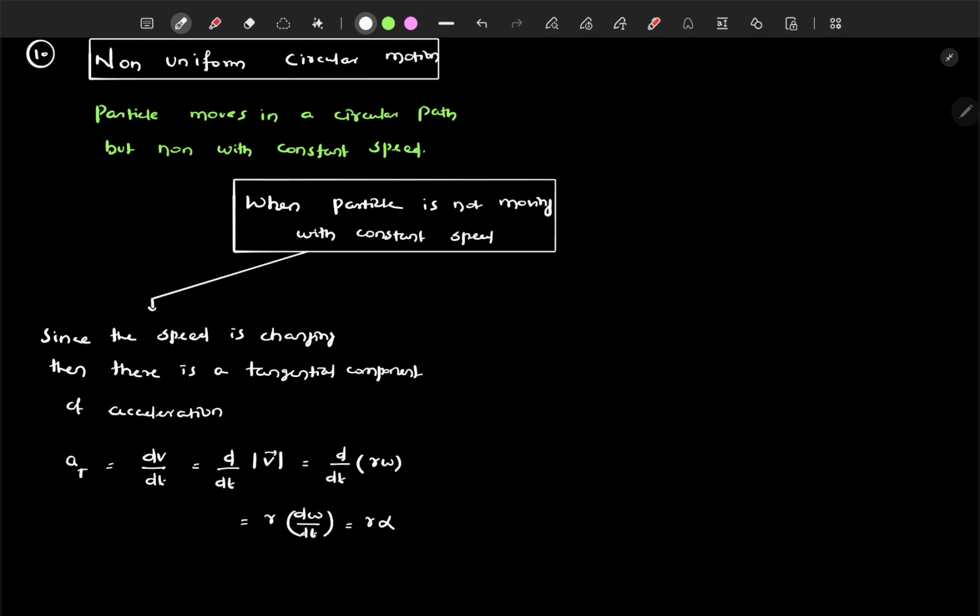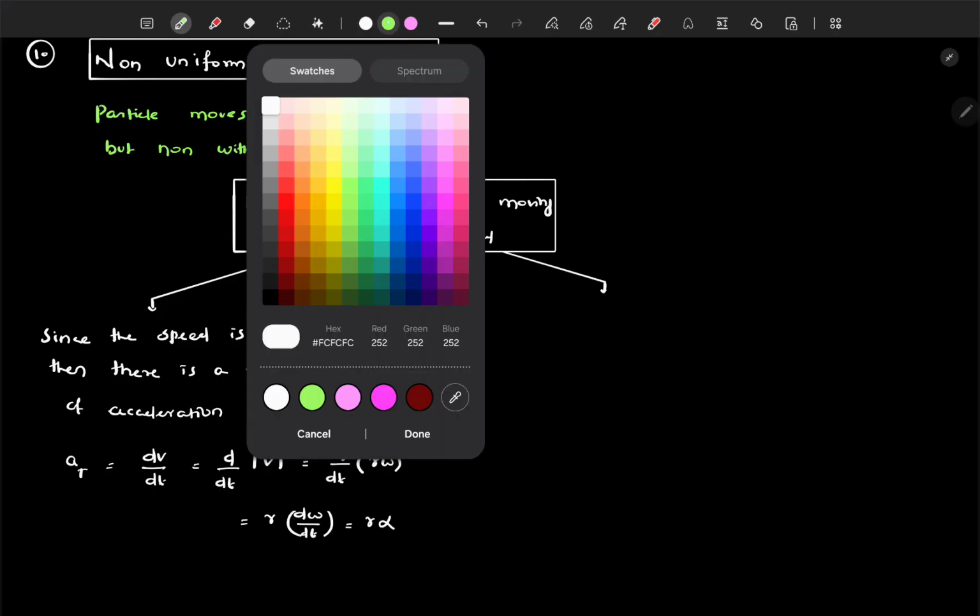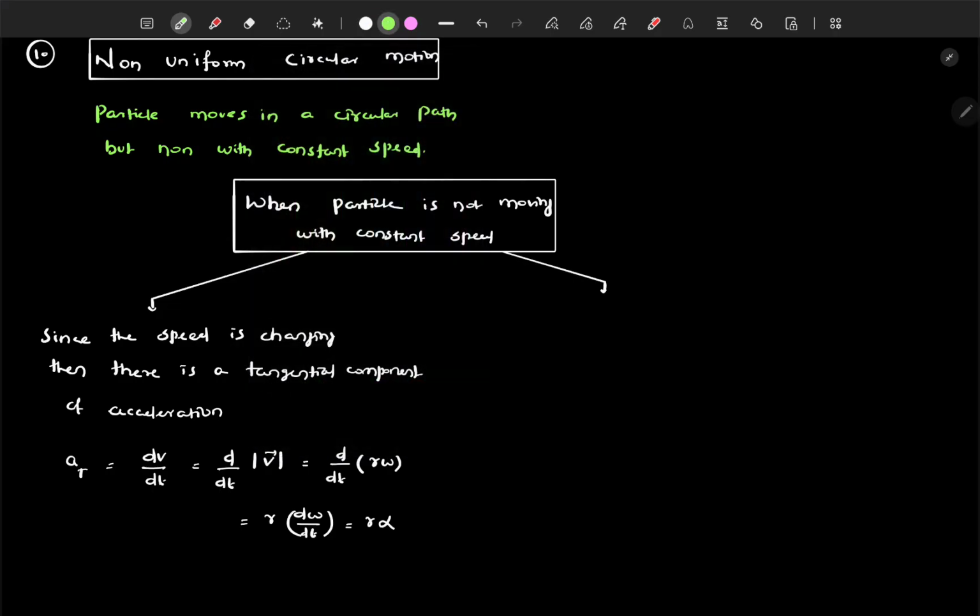This is about the type of acceleration which is produced by the change in speed only. Another thing is the direction is also changing. So since the direction is changing, a radial acceleration or centripetal acceleration exists.